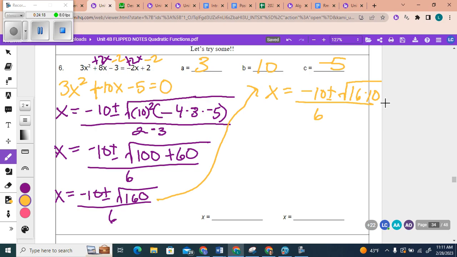Can we take the square root of 10? Correct. No. So we're not going to touch that. We're just going to bring out the 4.